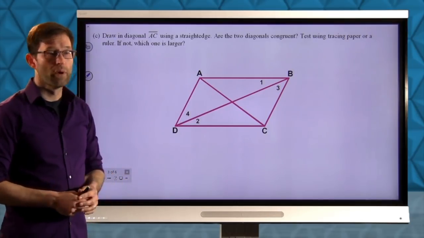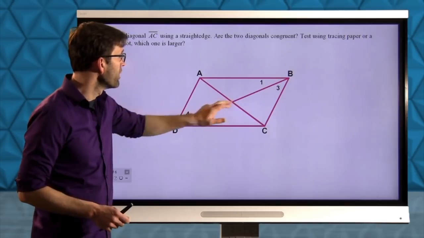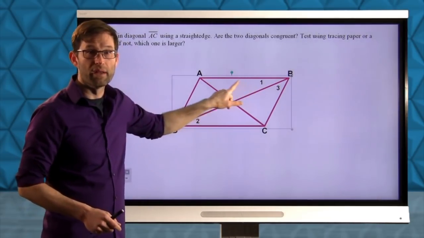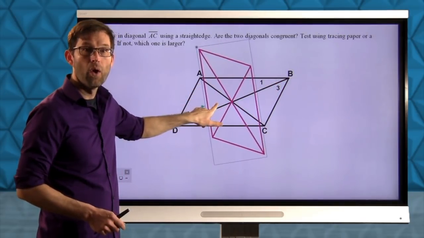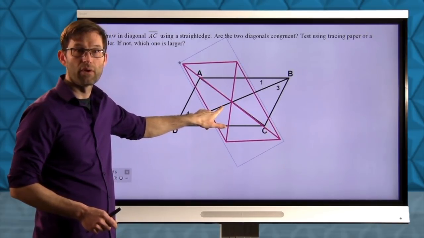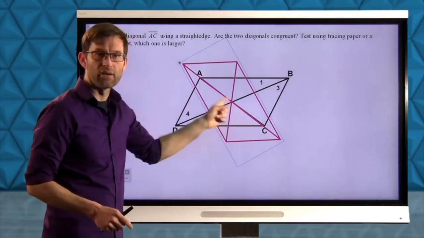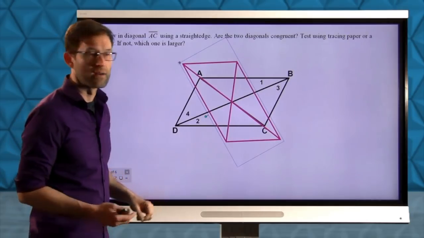All right, let's go through it. Again, one of the things that's nice for me is I'm able to just sort of take this parallelogram, okay? I know that this one is diagonal BD, and if I just simply take it and start to rotate it, what I can see now is that most certainly this diagonal, which was BD to begin with, is much longer than diagonal AC.